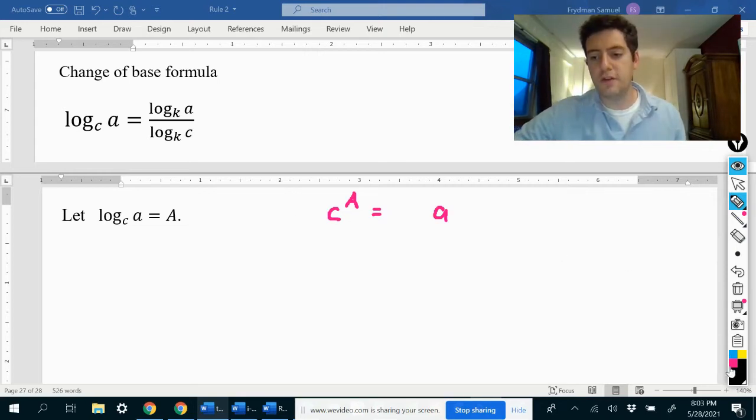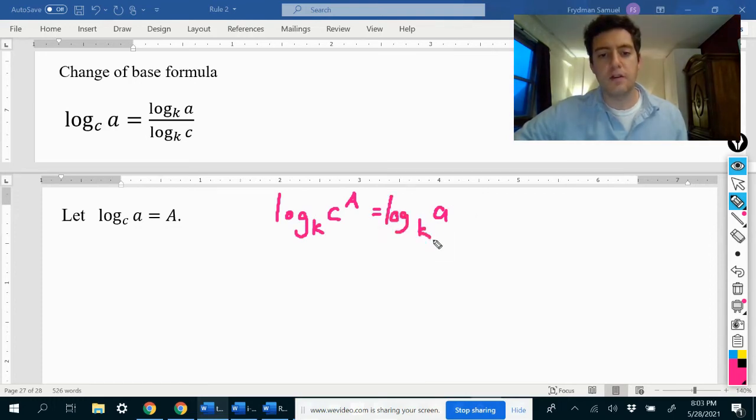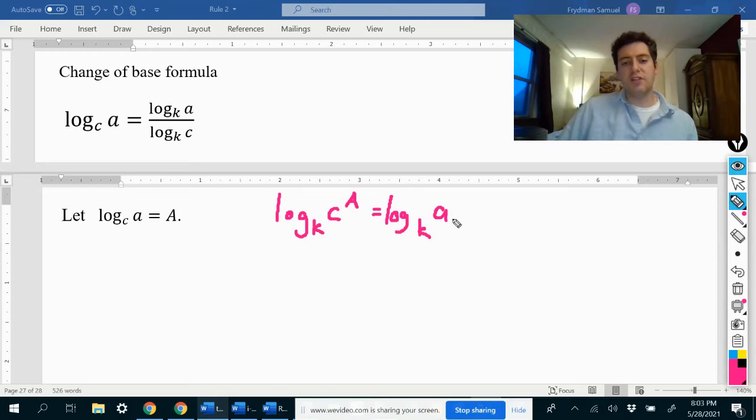So we take the logarithm of this side, base k, and then we do the same thing to the other side. Since both sides started out the same and then we did the same thing to both of them, both sides are still the same. So what we did was nice and legal.